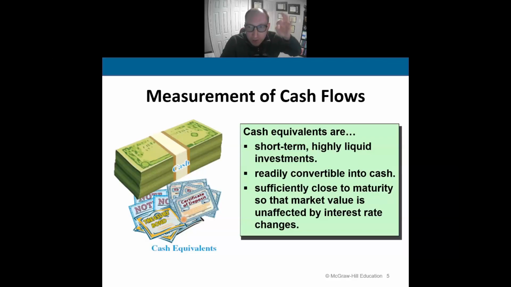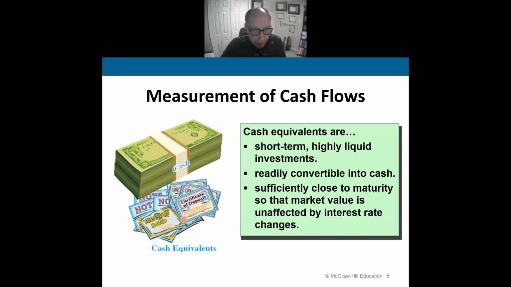Cash, as you know, is a highly liquid asset. Cash is highly liquid. I can use it quickly. I can also convert things into cash quickly. We call these cash equivalents. If you look on your balance sheet under assets, you might see a line item that says cash equivalents.